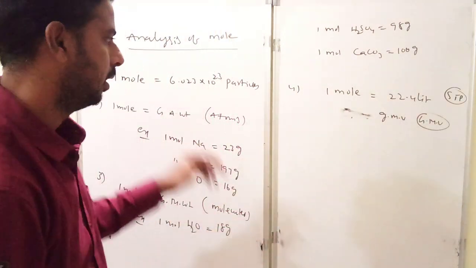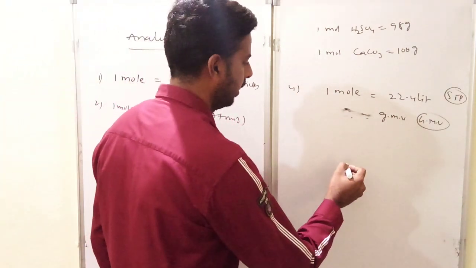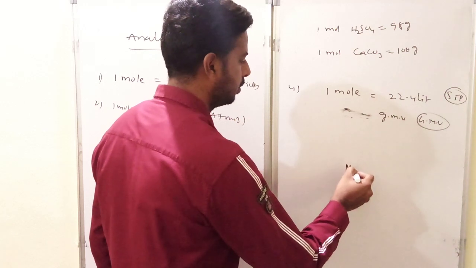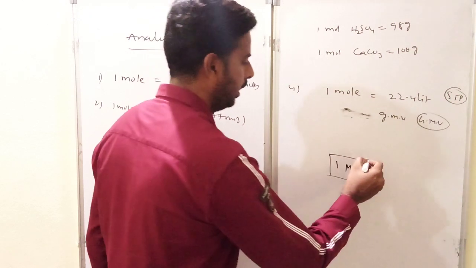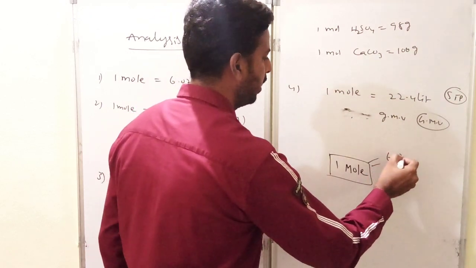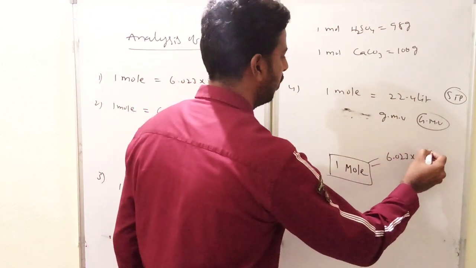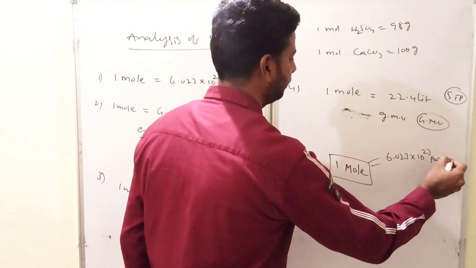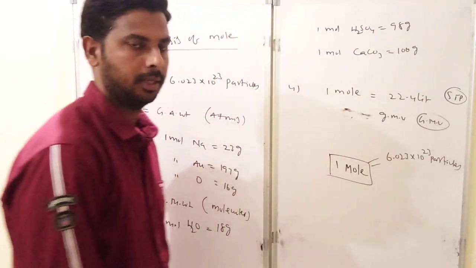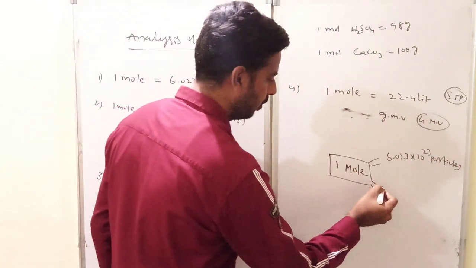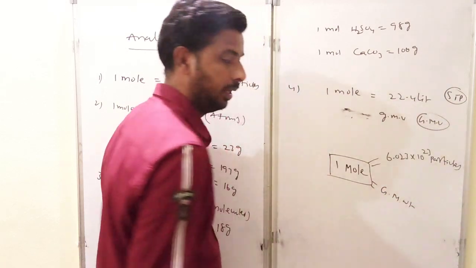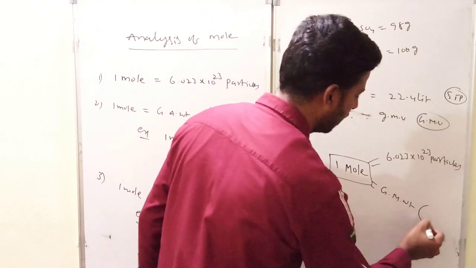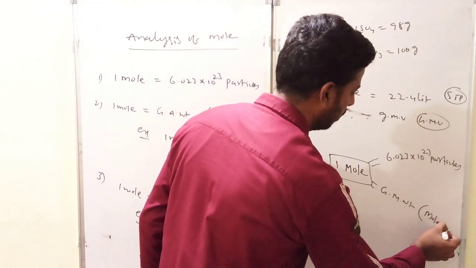Now these four, if you write in a simple way, in the form of a flowchart: 1 mole equal to 6.023 into 10 power 23 particles. Again, 1 mole equal to its gram molecular weight if the substance is expressed in terms of molecules.